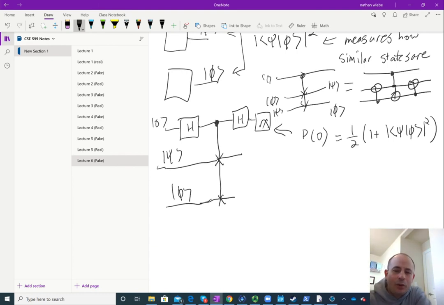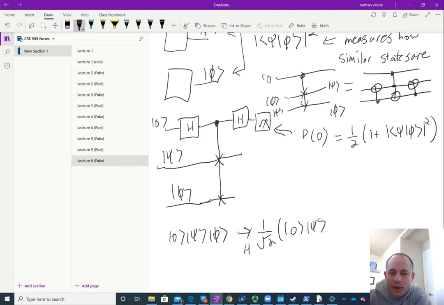Now, let's go through and verify that this works. Okay, so first thing we do is we start with the state 0 psi phi over here. Now this, after applying a Hadamard transform, gives us 1 over root 2, 0 psi phi plus 1 psi phi.